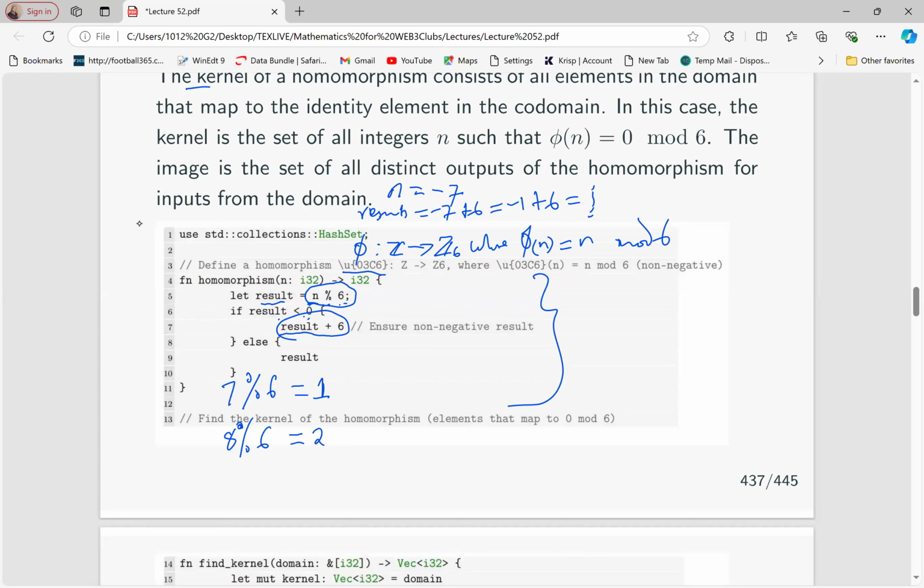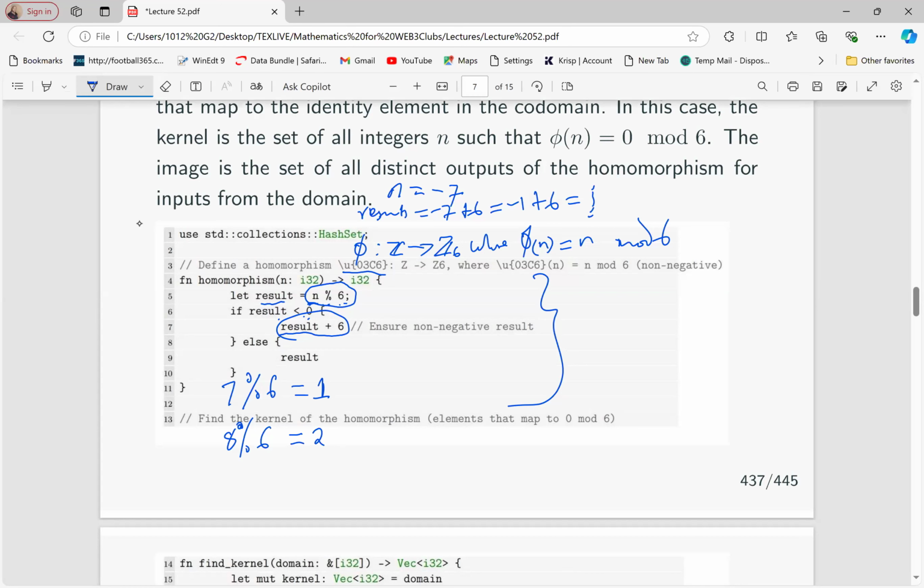That's what it says: if the result is less than 0, then we add 6 to it, and the result we obtain is the answer. At this point, it's just defining the homomorphism and what will be happening in the process.